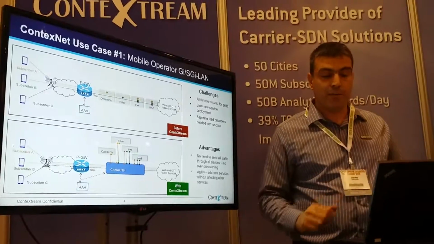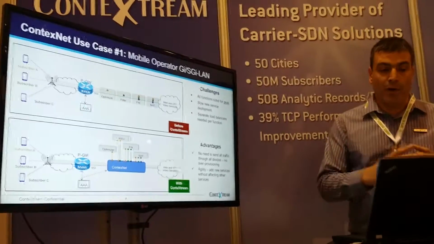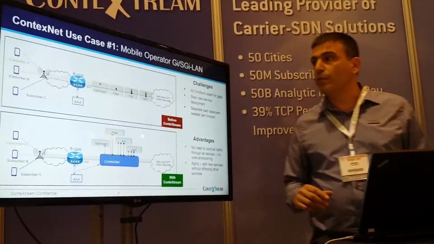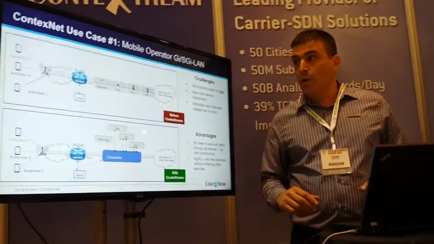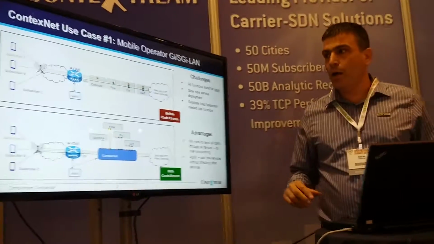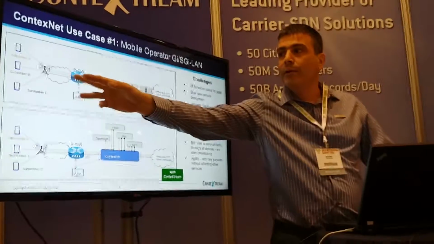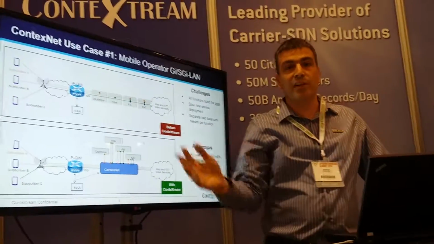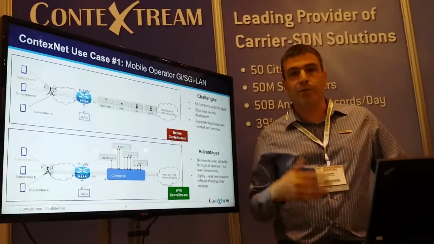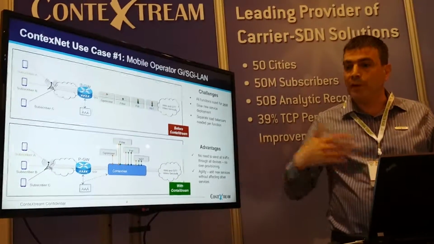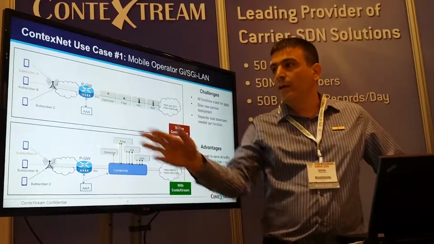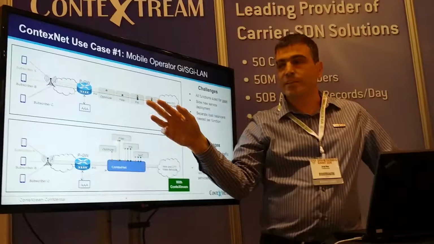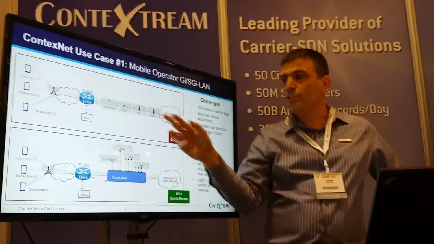What I present today is one of our solutions, over Gi LAN services, where after the RAN you have a PGW, which is equivalent to a GGSN, or even to a fixed environment equivalent such as a BRAS. After that, you have all kinds of services, which are becoming the Gi LAN services.